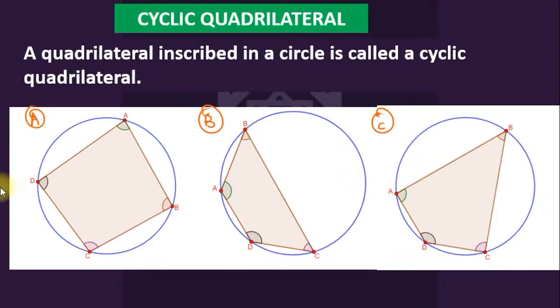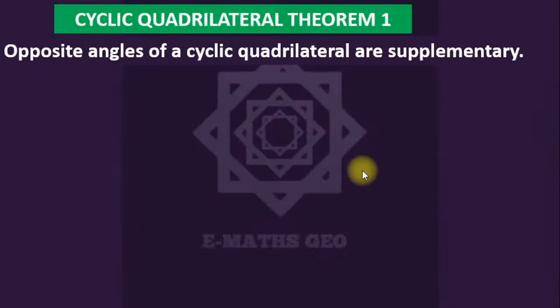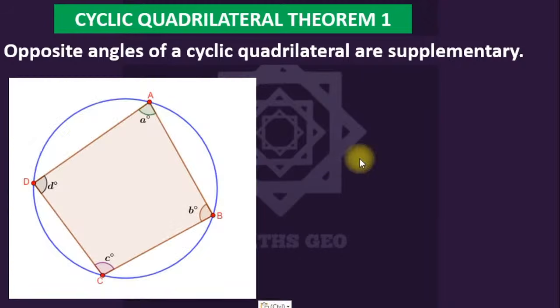So let's look at the theorem on that. Opposite angles of a cyclic quadrilateral are supplementary. The theorem is telling us the opposite angles of a cyclic quadrilateral sum to 180 degrees. That's supplementary. So let's use a diagram. We have a cyclic quadrilateral and two pairs of opposite angles.